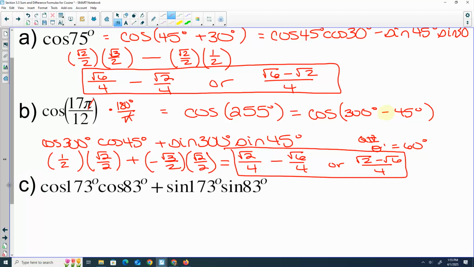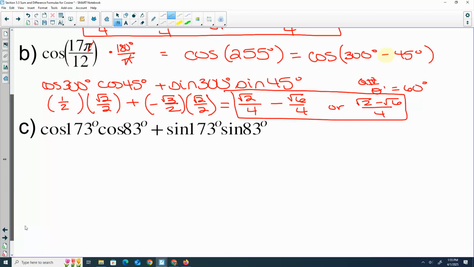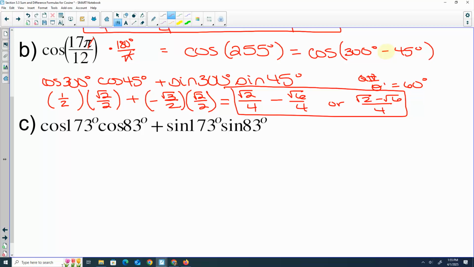I can do this one. The cosine of 173 degrees, cosine of 83 degrees, plus sine 173 degrees, sine of 83 degrees.